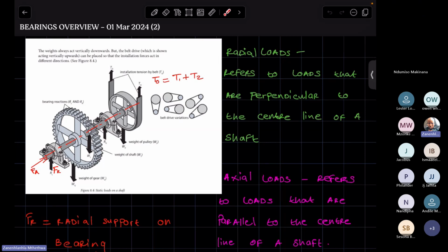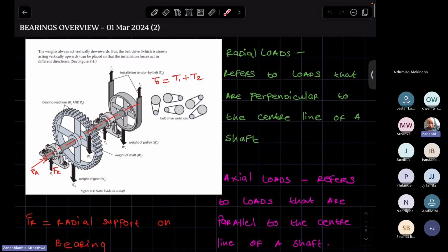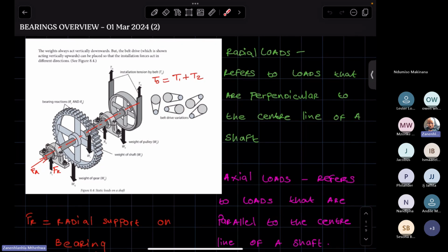because there's also the weight of anything that has been installed or fitted onto the shaft to consider. Whether you consider the weight will depend on the problem you're looking at. Sometimes they say that the weight of the particular mechanism is negligible, hence you do not consider it.